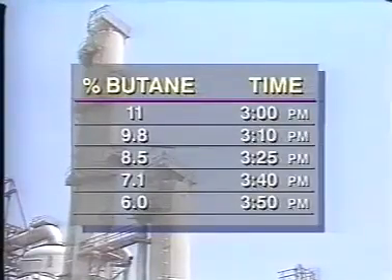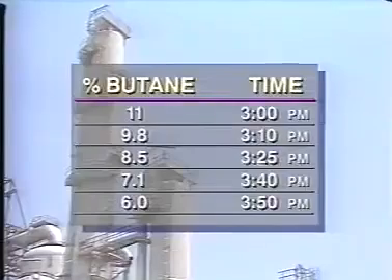You can see that it takes 50 minutes to reduce the butane content in the top product from 11% to 6%. The amount of time needed for a tower to adjust to operational changes will vary from column to column. When making cut point changes, always give the tower time to adjust to these changes. Then take new tests and instrument readings to see if the product is meeting specifications.